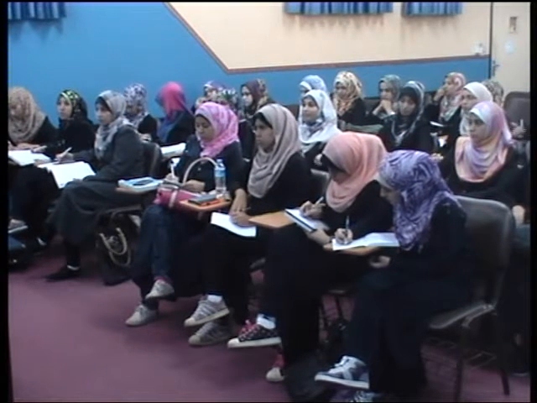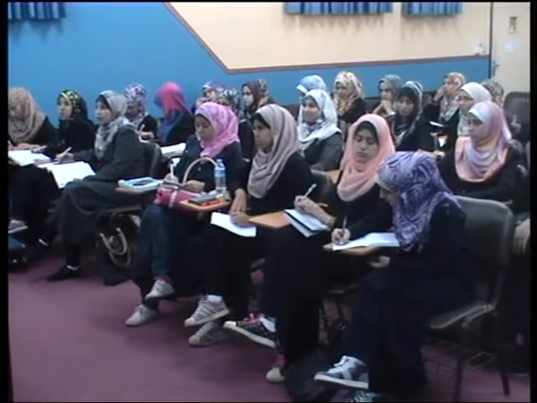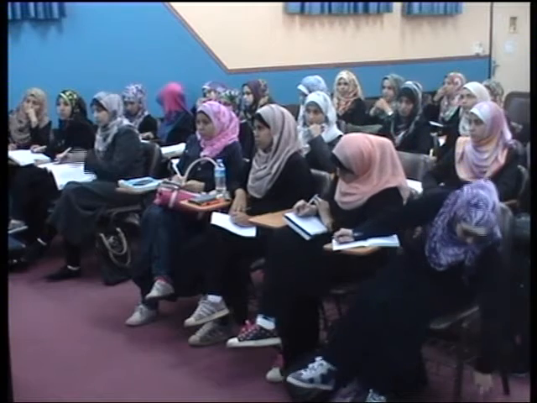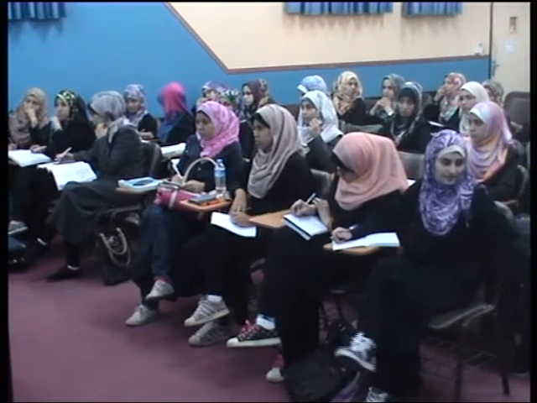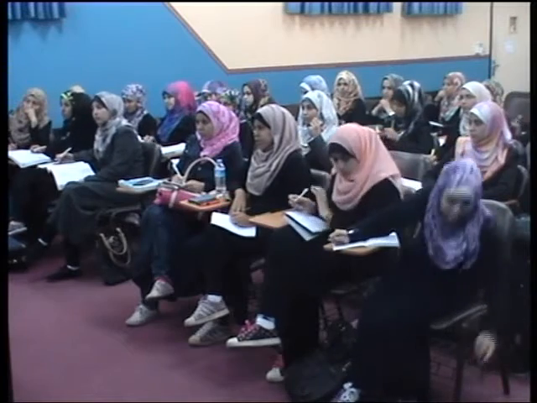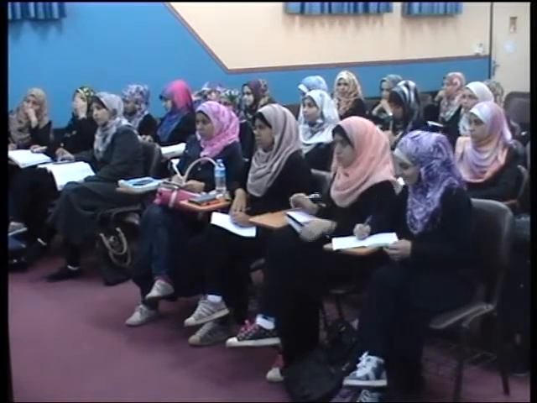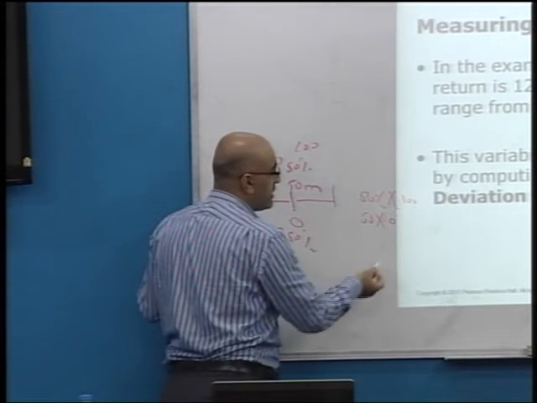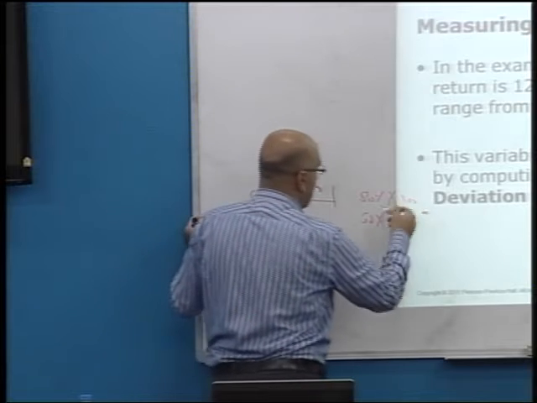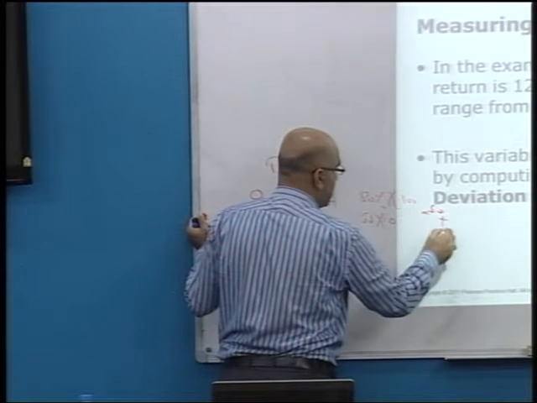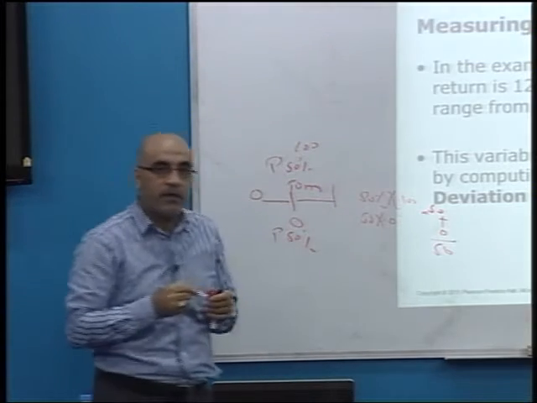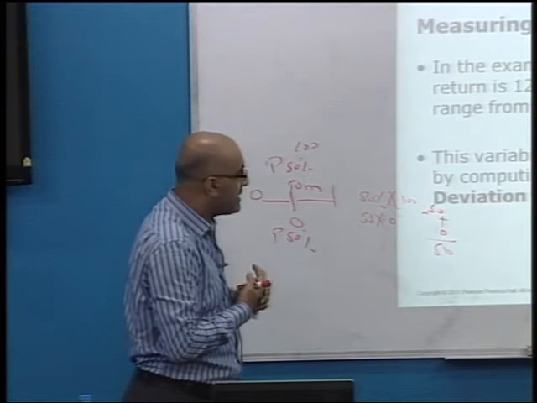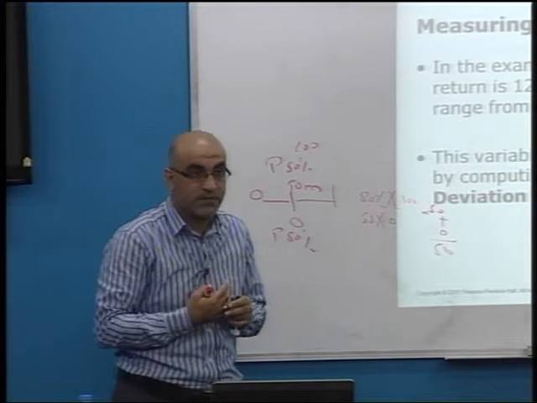You may receive $100 tomorrow, or you may receive $0 tomorrow. So what is the expected cash flow for tomorrow? It is 50% times 100 plus 50% times 0, so 50 plus 0 is 50. So again, the risk is that you are uncertain to receive a particular cash flow stream.